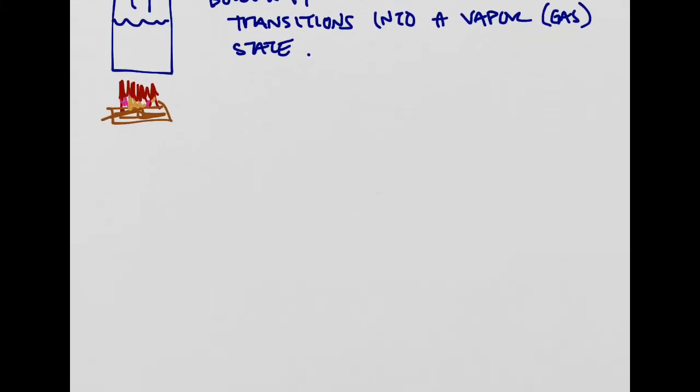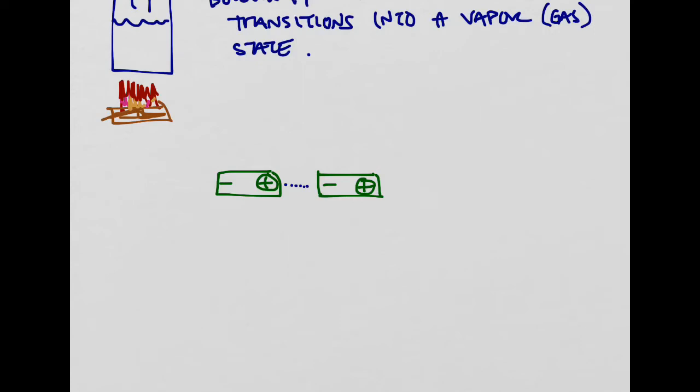So let me just draw a little bit of a picture here to help you understand that. Imagine we have a couple of molecules here and they have relatively low kinetic energy, so they're maybe vibrating in place, and they're close enough to one another such that this bond exists between them because of the dipole situation that you can see here, where the positive and negative attract one another.